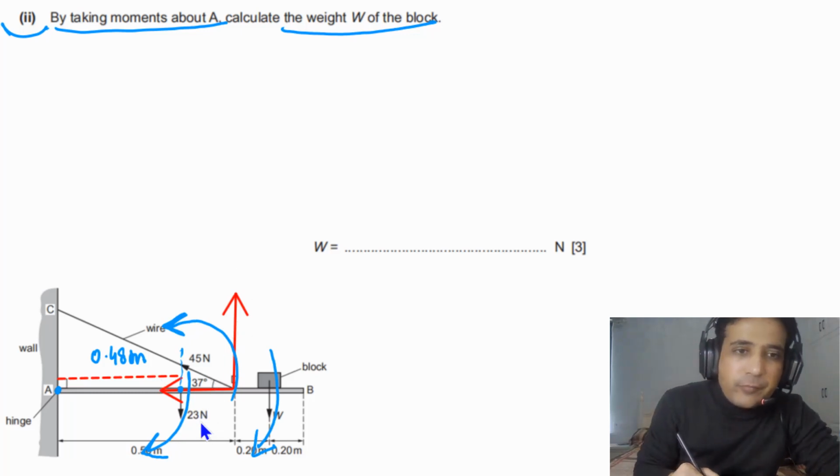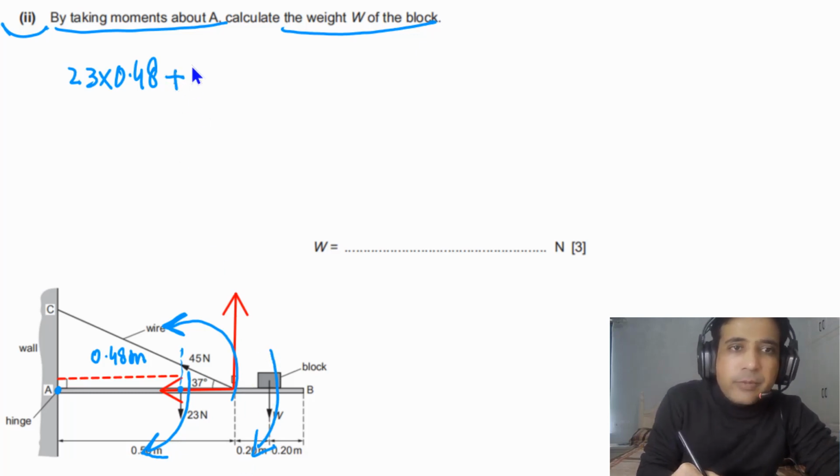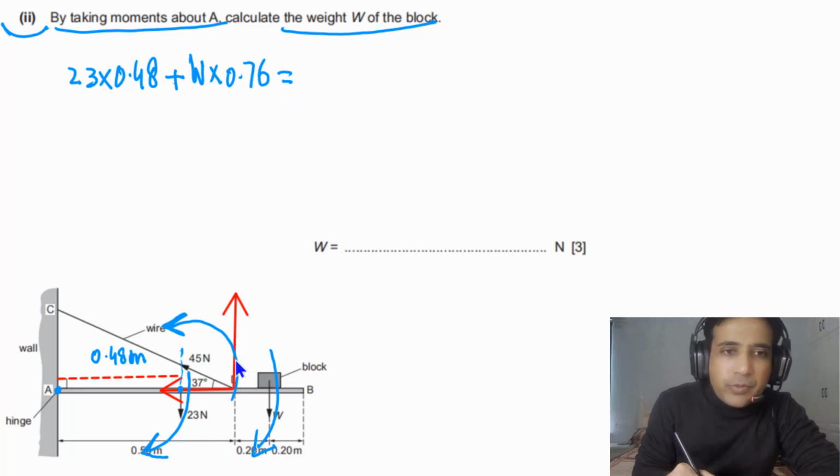First of all, we can write down for this weight of the beam, this is clockwise, so 23 times we have 0.48, plus we have this clockwise moment, that is W times 0.56 plus 0.20, it means this is 0.76, and this one has to be equal to the moment due to the vertical component.